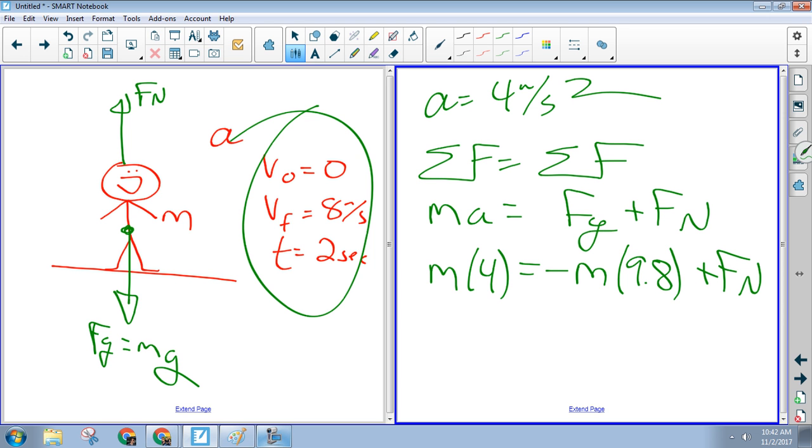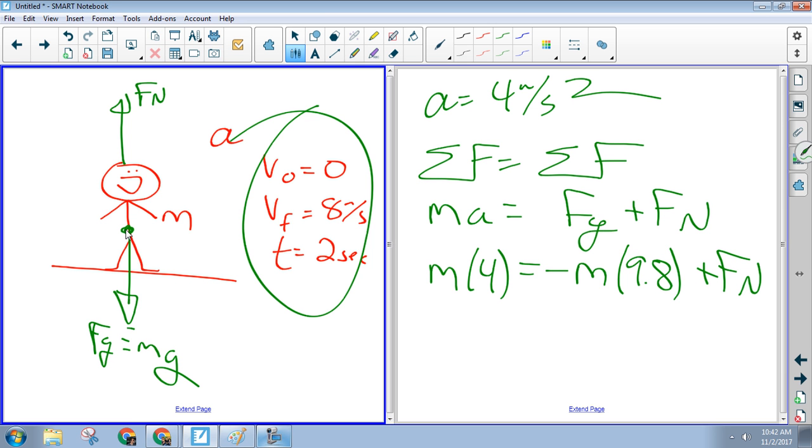Agreed? Why is the force of gravity not negative there? Well, no, never mind, negative. Sorry. I mean, the arrow points down. Yeah, you could put a negative there. Is that what you're asking? Yeah, I probably should have put a negative there. Okay. Good? So it would be negative M 9.8.